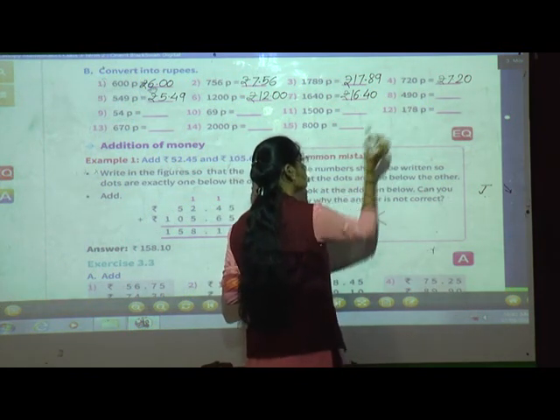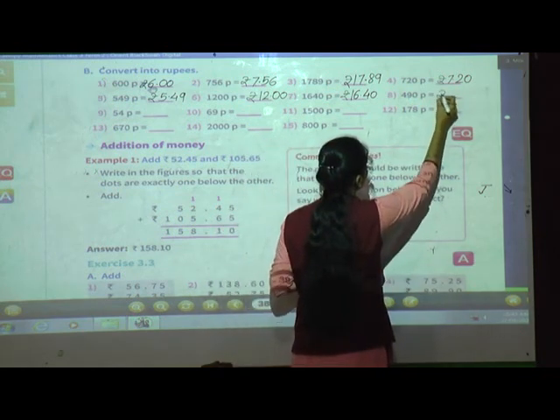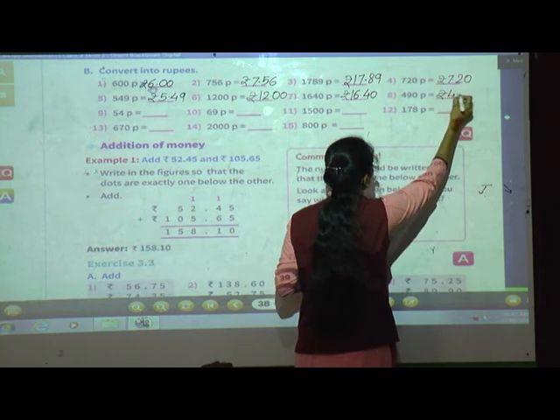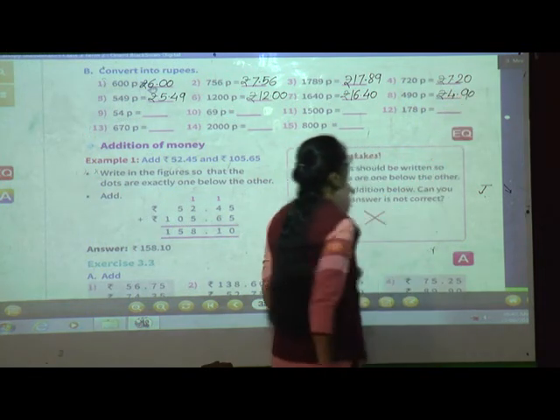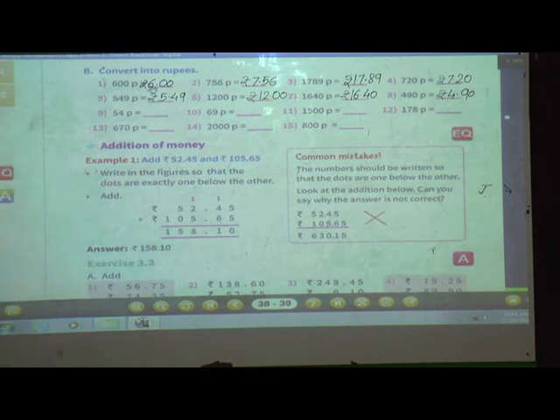So before 9 we have to give a dot. Then what will be the number? Rupees 4.90. Okay, 490 paise is equal to rupees 4.90. Say rupees 4.90.